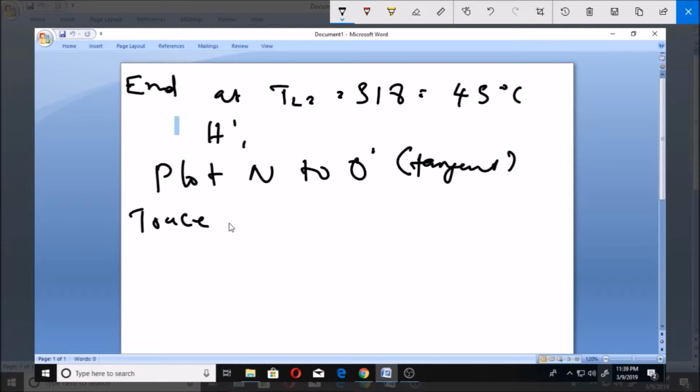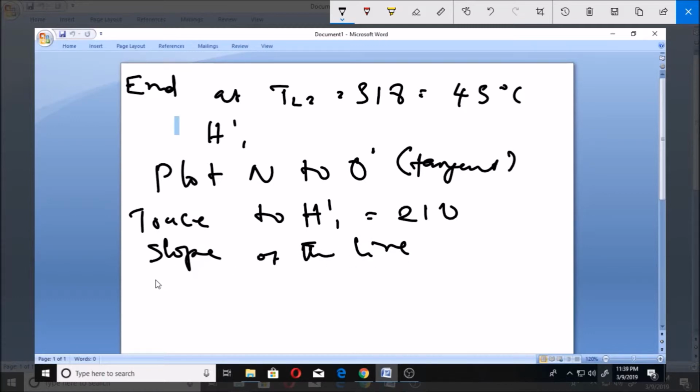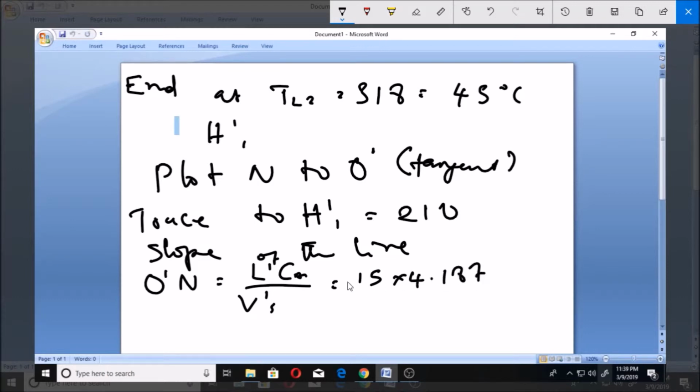Then after doing that plot, we trace it to H1, which will give us 210, so that we can now calculate the slope of the line O prime N, which will give us L prime CAL all over V prime, which is actually 15 times 4.187 all over VS1.